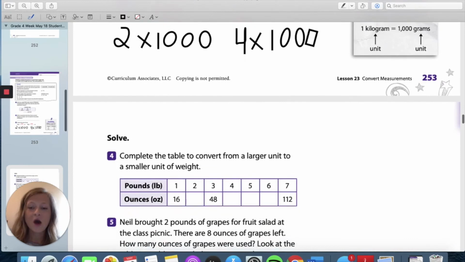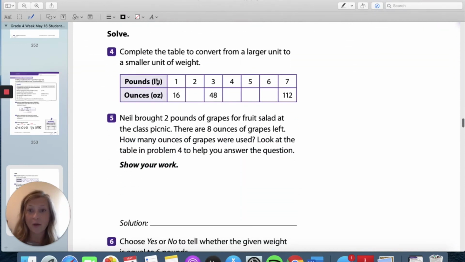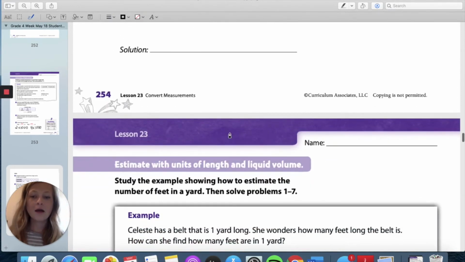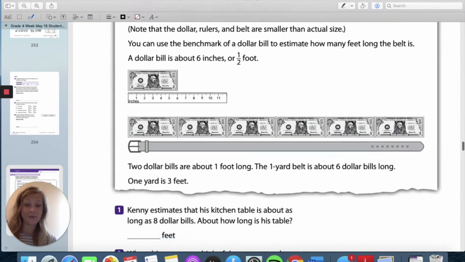You'll see all throughout the rest of these problems that there's going to be a lot of different conversions that you're going to work with. Pay close attention and really read through what the problem is asking you, so you can get your conversions right, but I am confident that you guys can do this. Let's go ahead and do one more example together.